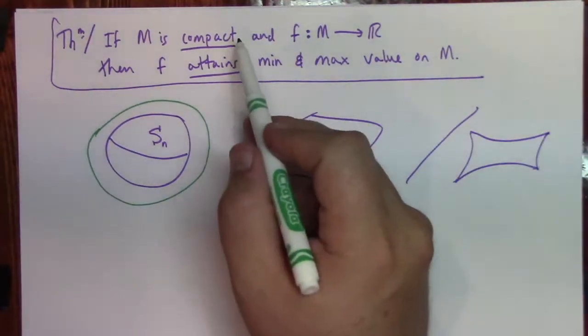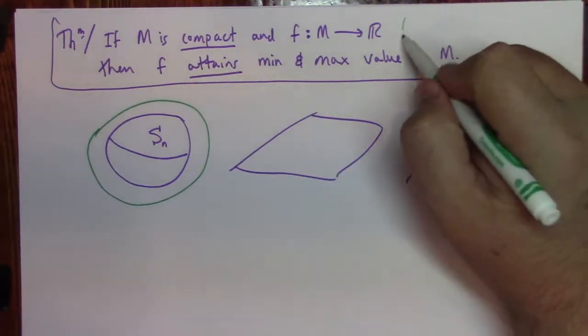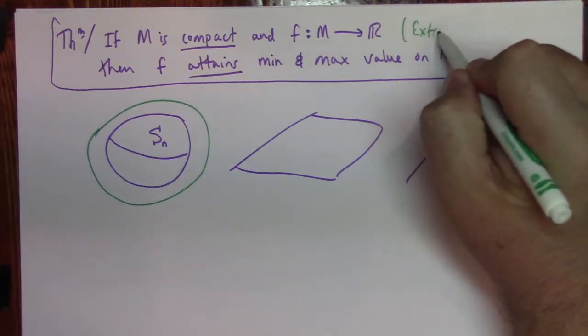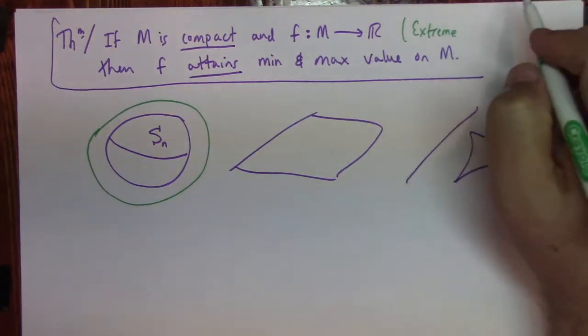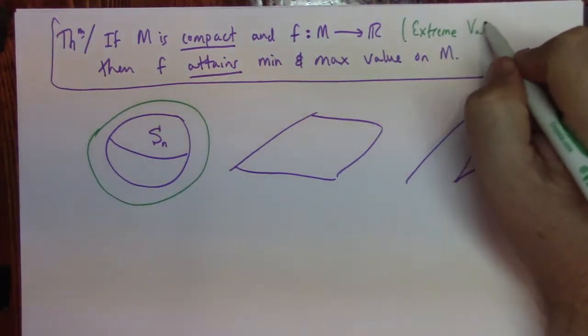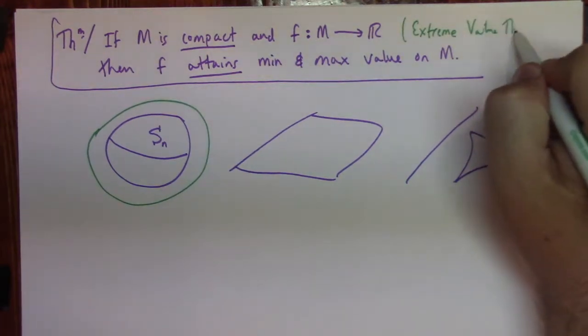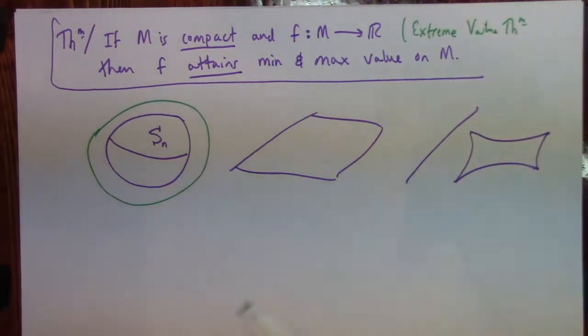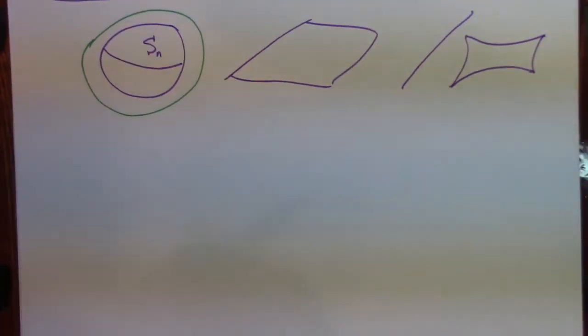But for compact things, there's an extreme value theorem, which I'm not going to prove in here. That's basically a topological result. The extreme value theorem states that there exist min and max values. So if you try to apply the method of Lagrange multipliers to something that doesn't actually have them, let's try it out.